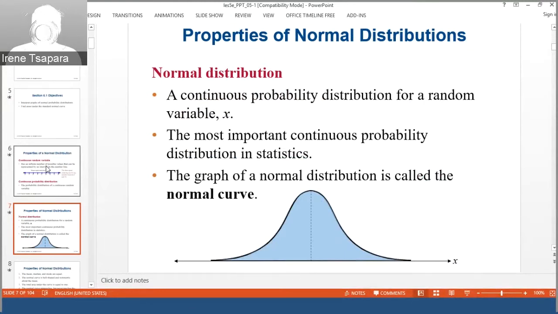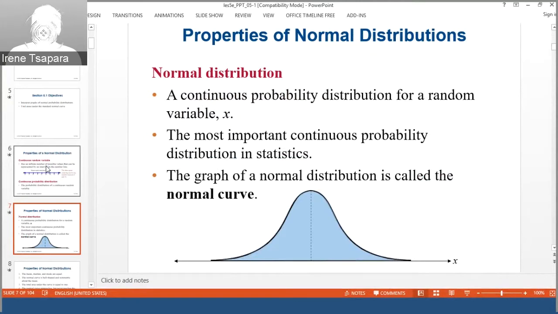Now, the third reason that this is important is that for any distribution, no matter what the distribution is, if we take the sampling distribution and we focus on different samples of the entire population, then the sampling distribution of the sample means follows the normal distribution, independently of what distribution we have at the beginning.